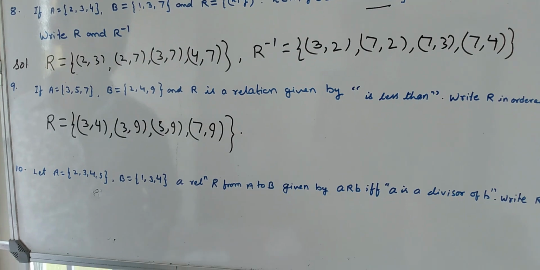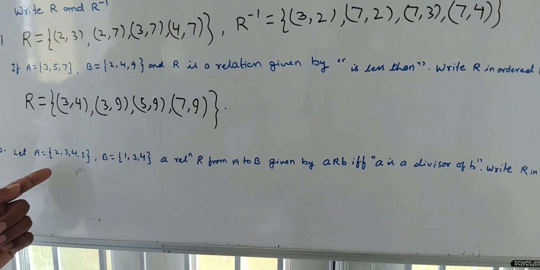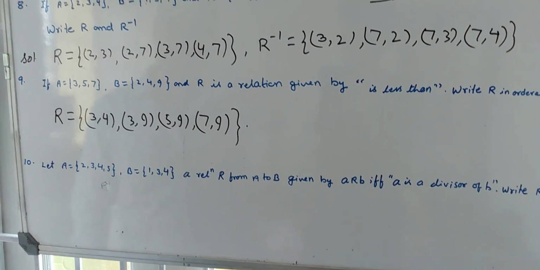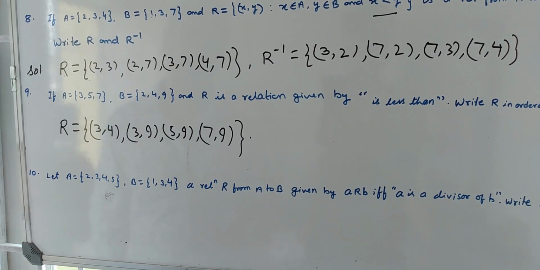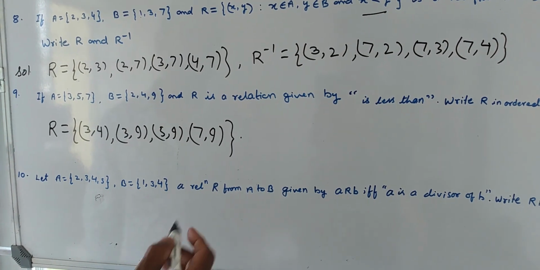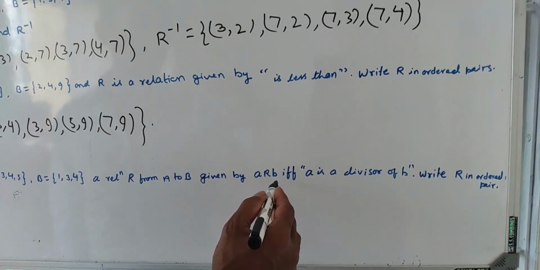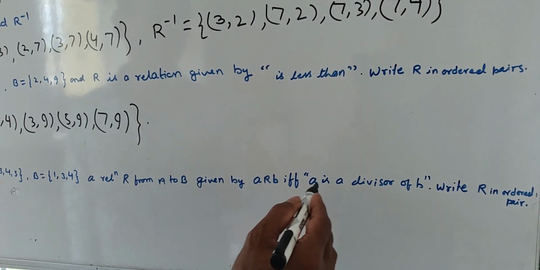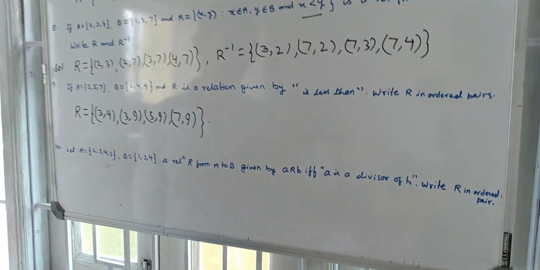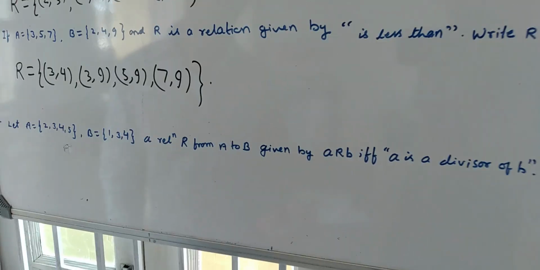Now question number 10. A is a set having elements 2, 3, 4, 5. B is another set with elements 1, 3, 4. A relation R from A to B is given by a is related to b if and only if a is a divisor of b. Again we have to write R in ordered pairs.